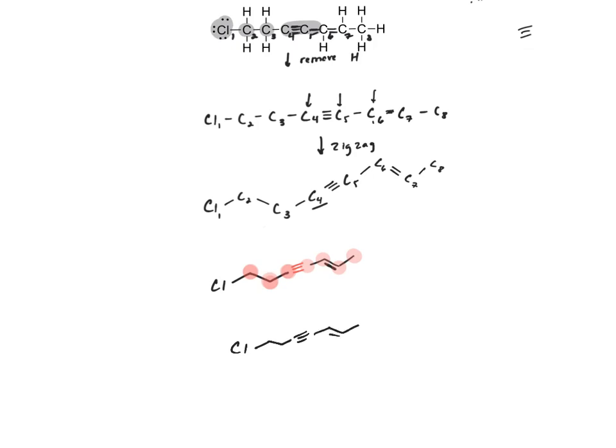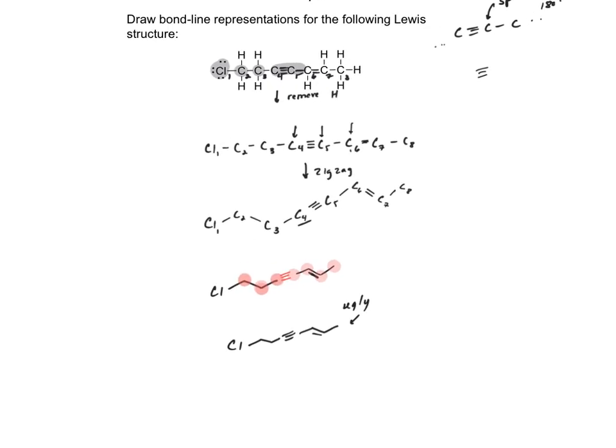So this is ugly, but this is the correct bond line structure given the Lewis structure that we have up here, okay? And so again, this guy in the middle here does end up being like a solid line, but we know that this is a carbon and this is a carbon because we're differentiating that with the triple bond that we've drawn in. So this is 1 carbon, 2 carbon, 3 carbon, 4 carbon in the middle.